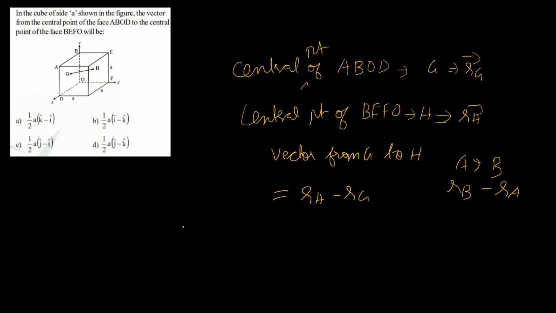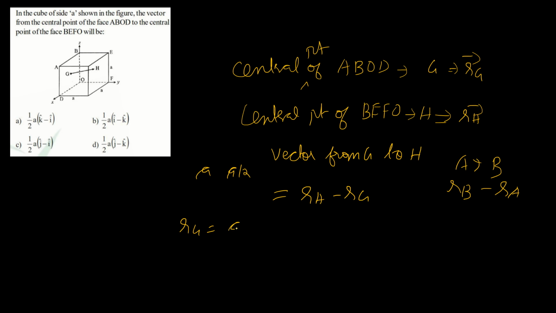First of all, we have to mark RH and RG in terms of the coordinate system as per the given figure. Let us take a look at RG. G is lying in the positive Z direction and positive X direction. Positive X direction means it's lying at the central point. The total is A, center means A by 2.